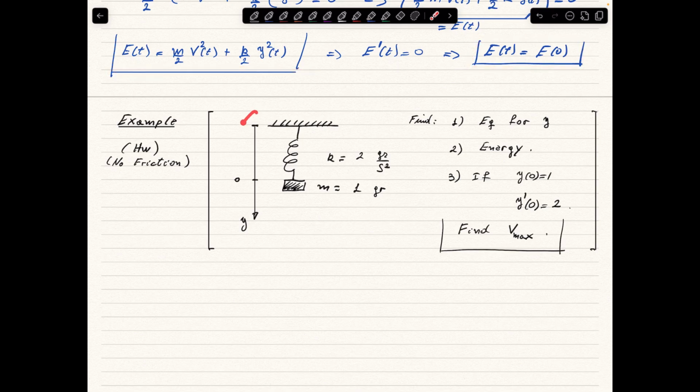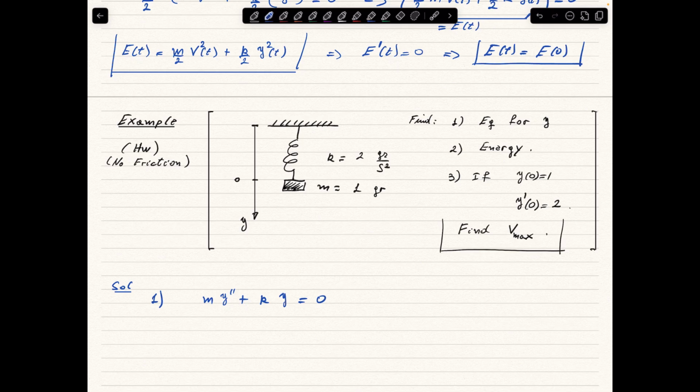For example, suppose you have this spring with a particular spring constant, a particular mass, and it is moving upside down. Find the equation for the spring. Well, that equation is Newton's equation of motion. So, solution, part 1: the equation is just mass times acceleration plus the spring constant times displacement equals 0.